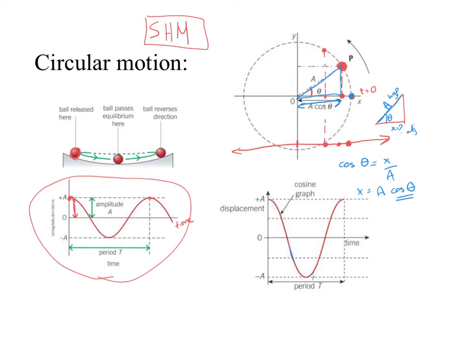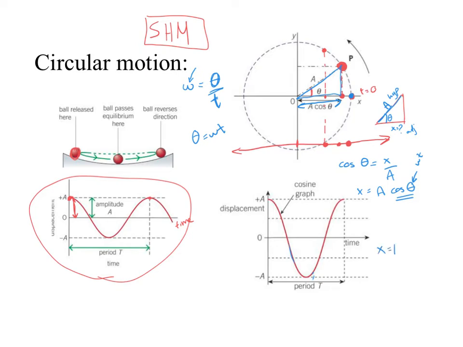Also, from circular motion, we said that the angular velocity is omega equals theta over t. Now, we're no longer going to call this angular velocity in oscillations. We will be calling it angular frequency. However, we know that the angular velocity is by how much angle is covered per unit time. So I can rewrite theta as omega t. So I can replace this theta with omega t.